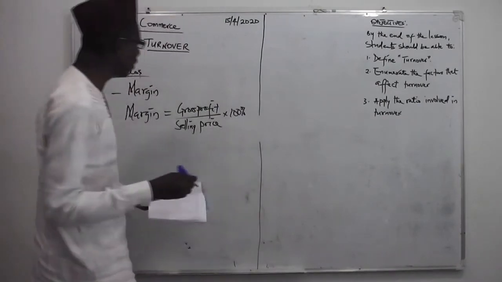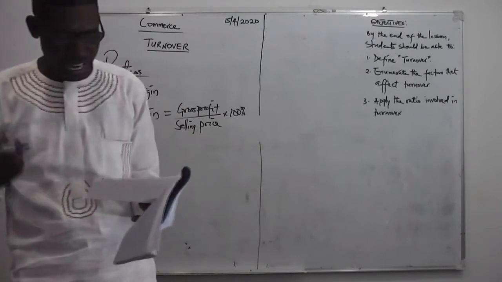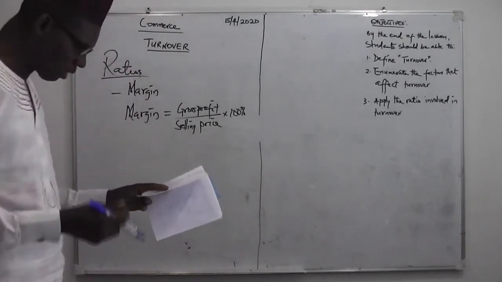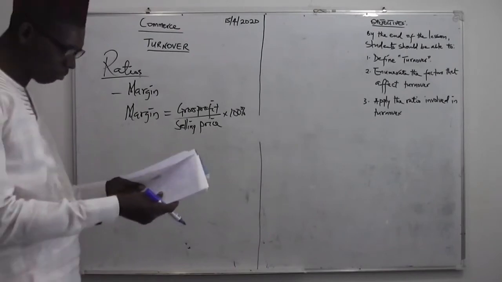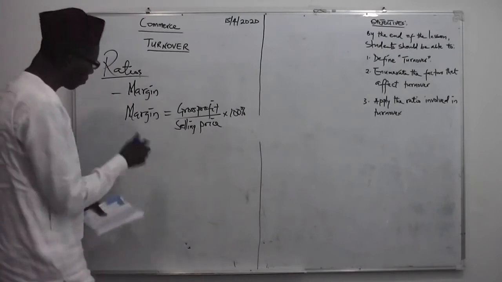That was what the definition said. I repeat again, it is a relationship that exists between the gross profit and the selling price, expressed as a percentage.